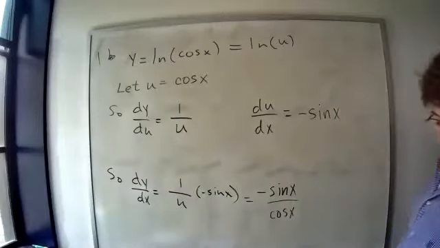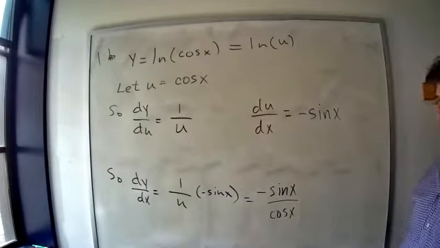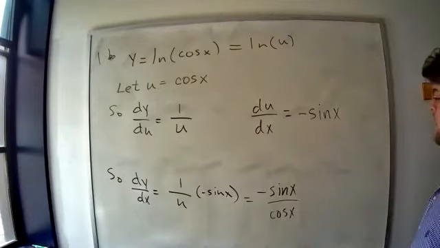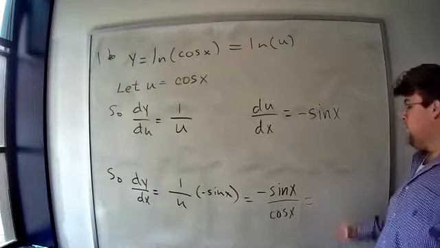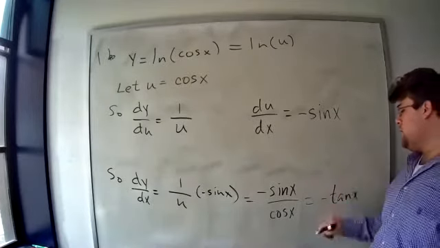The directions generally say don't simplify. And that's largely because of things with factoring and quotient rules. I don't want you worrying about that. But here, it is worth simplifying this, especially for those of you who are going to take Calc 2. This one does simplify conveniently to negative tangent of x.